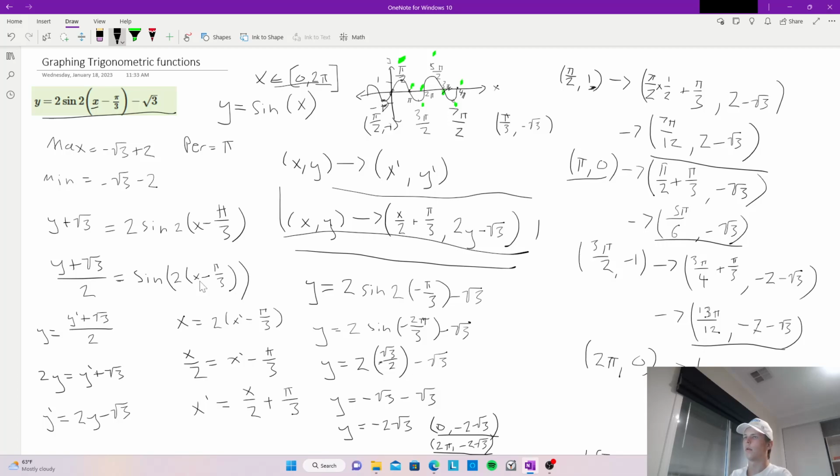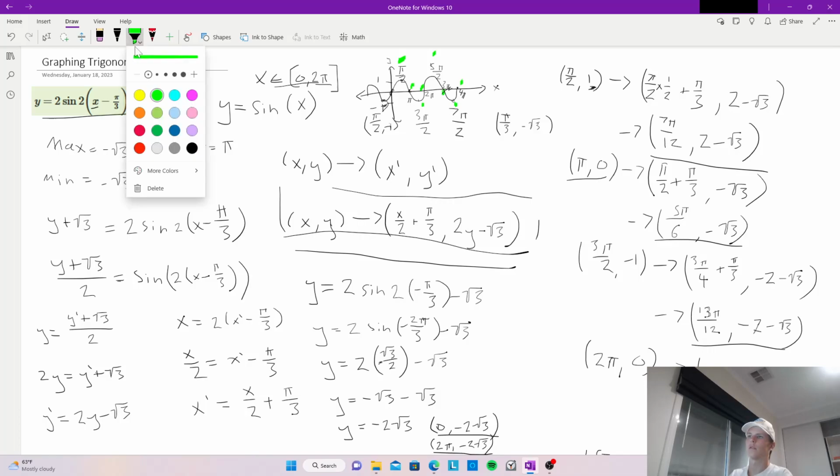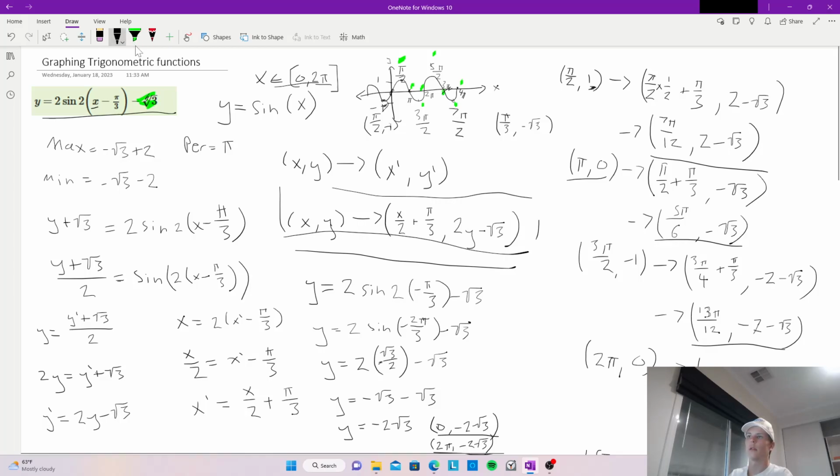And then just remember, if it doesn't have this vertical translation, you can use this translation method to find the x-axis intercepts, which I'm still not even sure if it's faster or slower. It's probably slower, to be honest. But if it's got this vertical translation, which obviously it does, we have to use the normal method, the normal method which I just did there to find it. That's it.